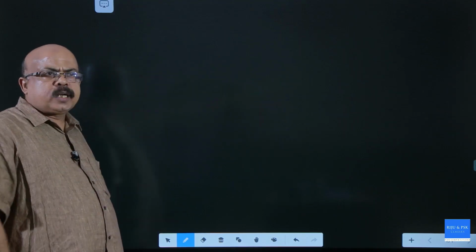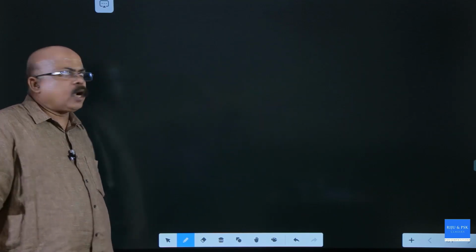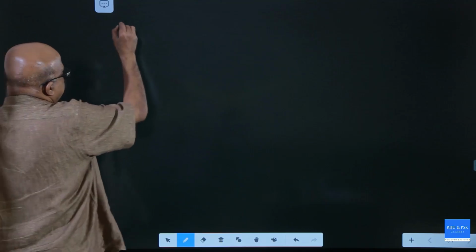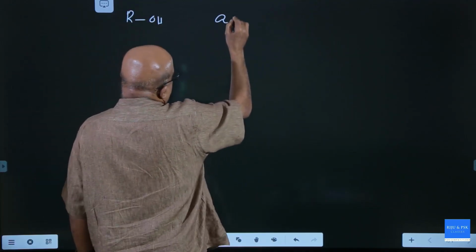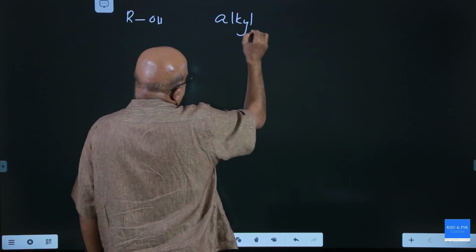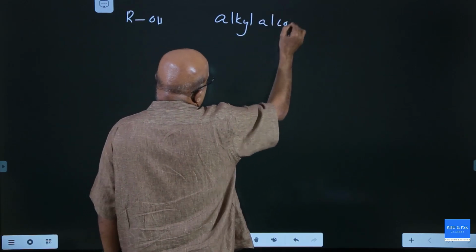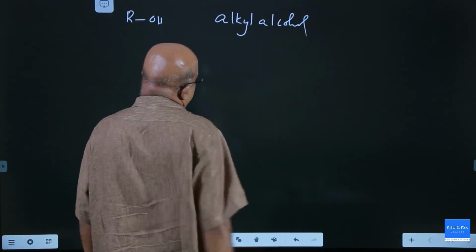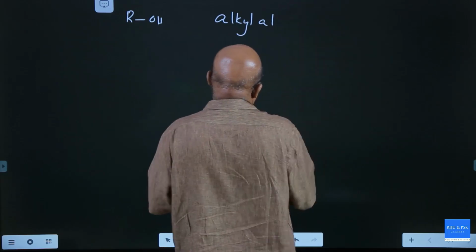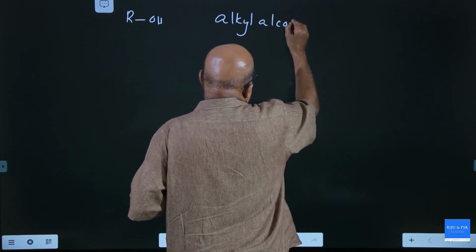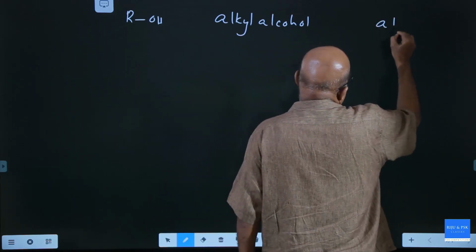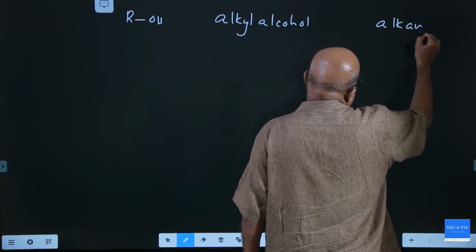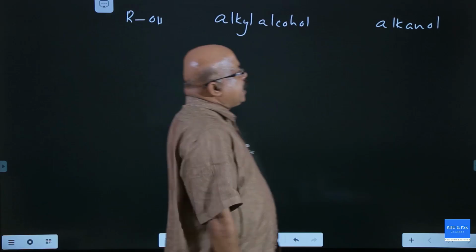Compounds having OH group, they are commonly called alkyl alcohol, ROH. Common name is alkyl alcohol. IUPAC name is alkanol.